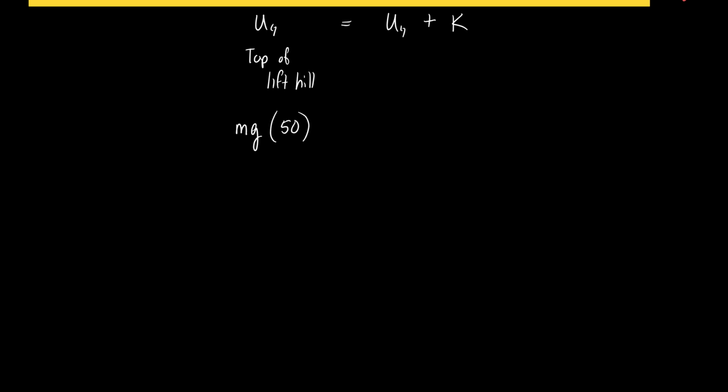That's the height of the cars at the top of the lift hill. And over here, mg times 40. That's the height of the cars at the top of the loop. Plus 1/2 mv squared.